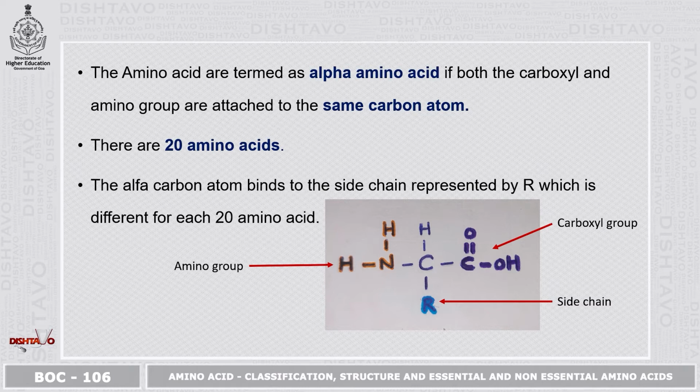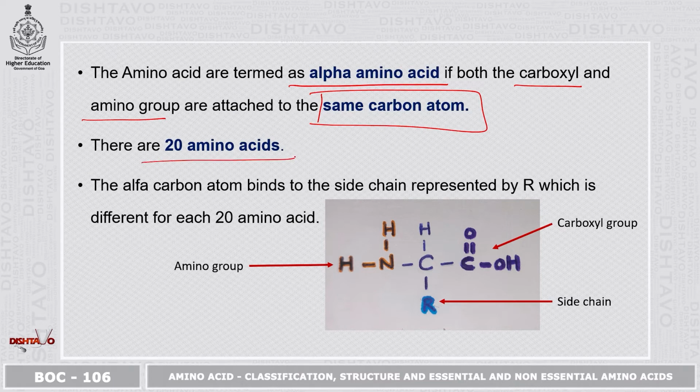Amino acids are termed as alpha amino acid if both the carboxyl and amino group are attached onto the same carbon, and there are 20 amino acids which take part in the formation of the proteins. The alpha carbon atom binds to the side chain represented by R, which is different for each of these 20 amino acids.